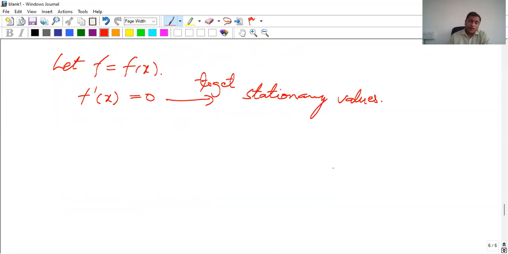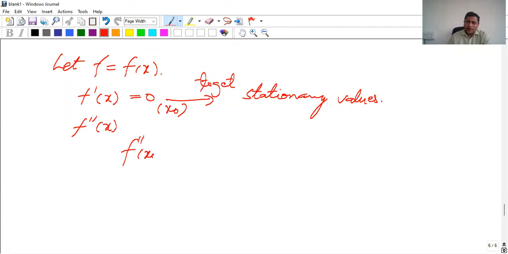So stationary values are the points where the function changes its behavior. Then what we do is we find f double dash of x, the second order derivative. What is the test for the second order derivative? Here we get the point x0.